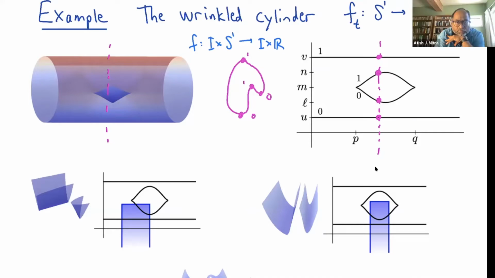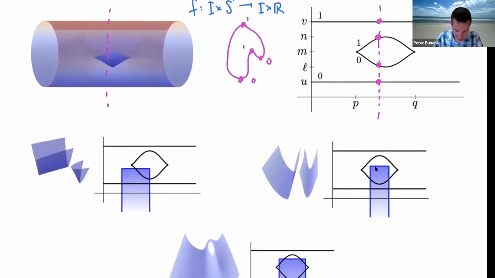One can do this, and that's the ultimate persistence module, because it has everything, but it's maybe overkill, and it's certainly going to be hard to visualize. So we chose to take inverse images of particular closed subsets, and we chose these semi-infinite strips.